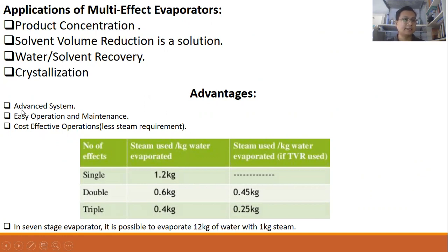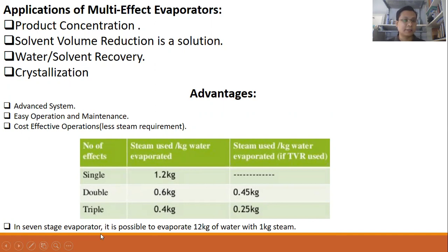So the advantages: one, it is an advanced system. As I mentioned before, this is a development of the batch system. It has easy operation and maintenance, and cost-effective operation, so maybe we can reduce the operation cost.